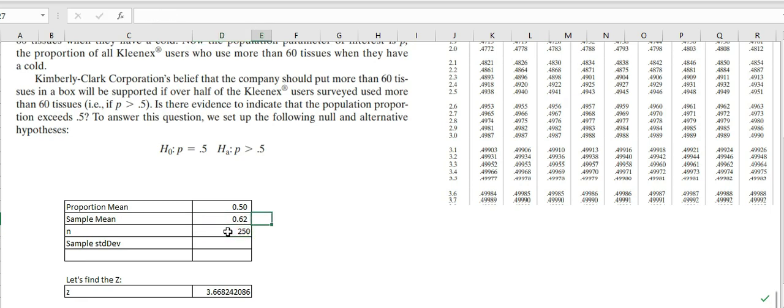So 62% of the people interviewed say 60 tissues. Let's express the percentage.